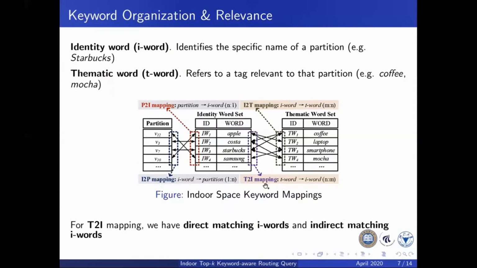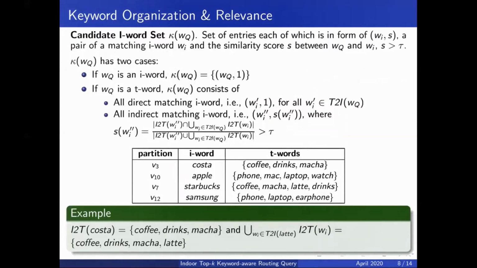Kappa has 2 cases. If WQ is an I-word, then kappa WQ is itself with similarity equal to 1. Else if WQ is a T-word, then kappa WQ consists of all direct matching I-words WI, which come from T2I mapping.